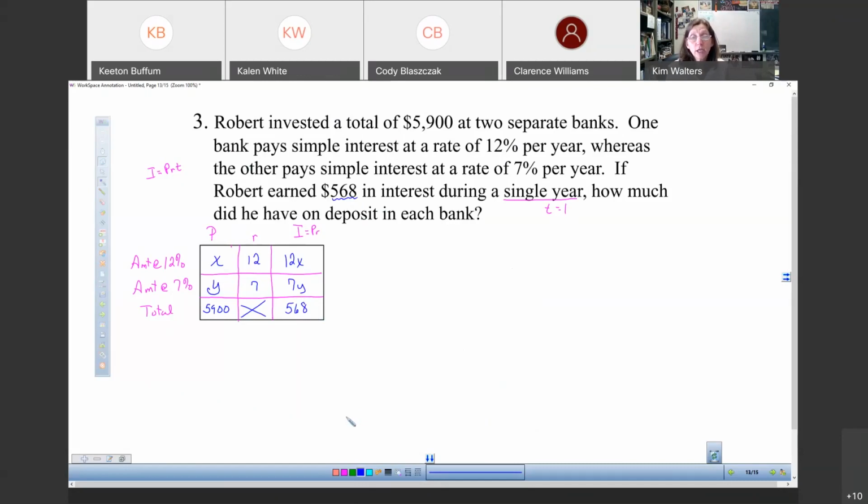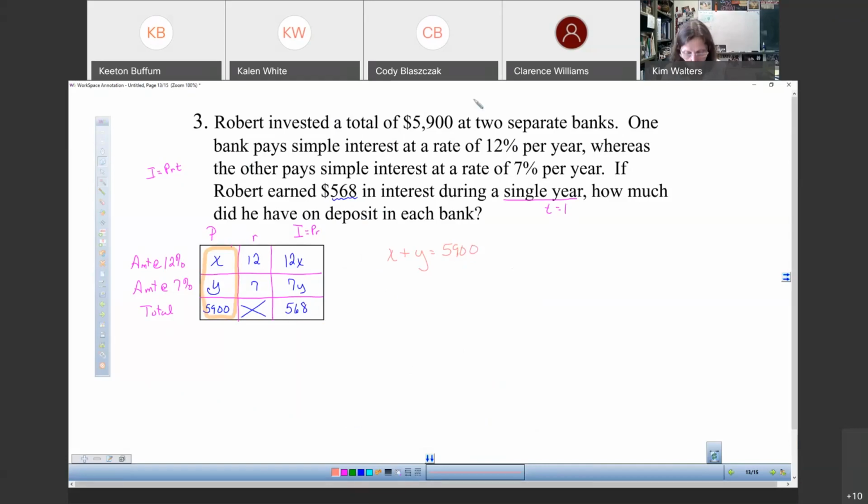My first equation is going to come from my first column. So this is going to give me my first equation, right? So my first equation is going to be X plus Y is equal to 5,900.